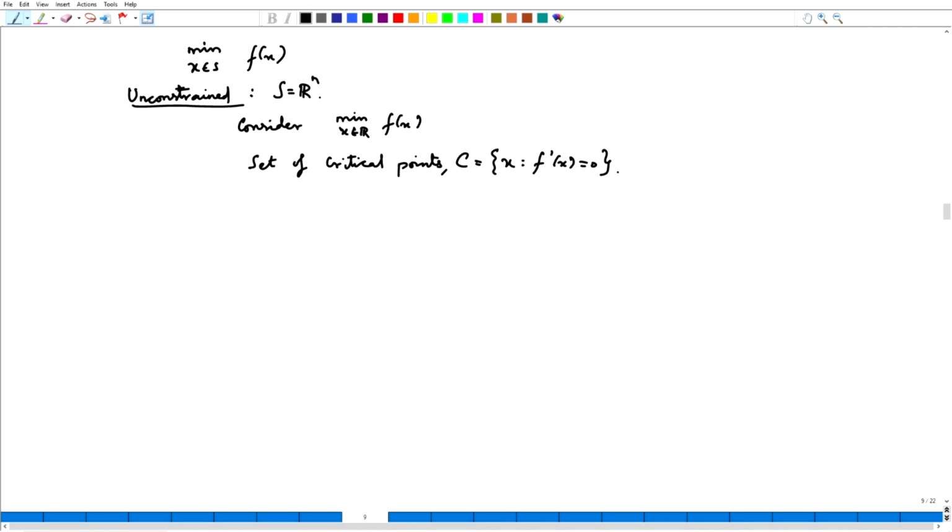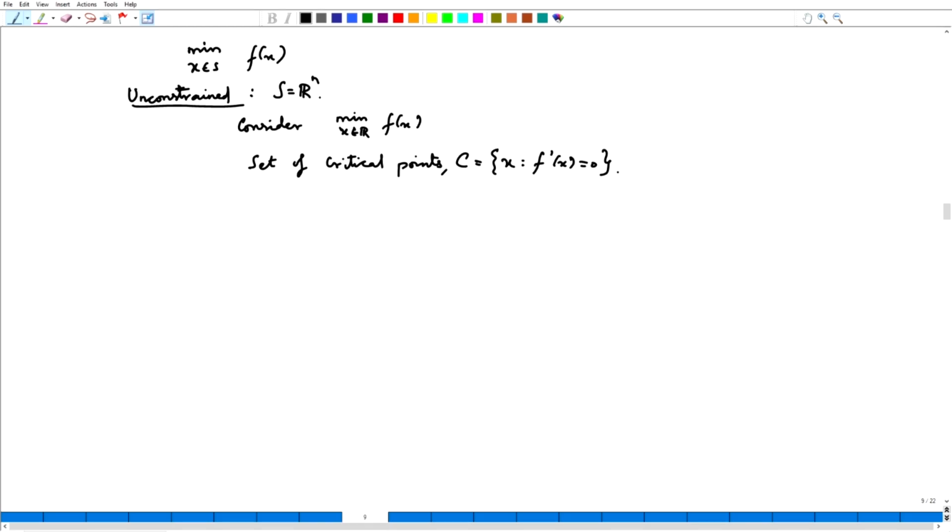So, if a solution is the local minimum or a local solution of the above problem, then it must be a critical point. Okay. So, you must have learned this as the necessary conditions or the first order conditions, right.